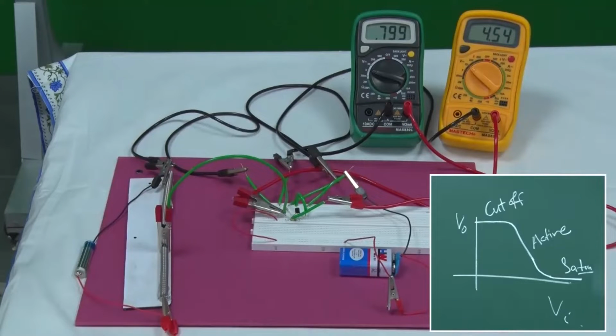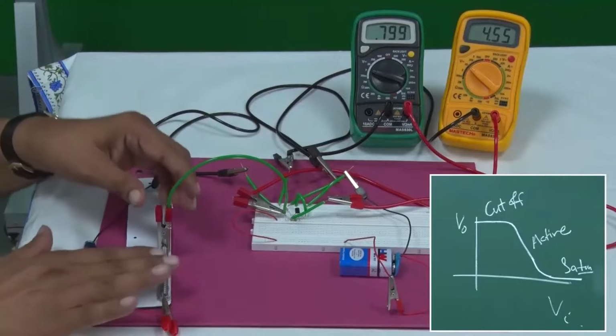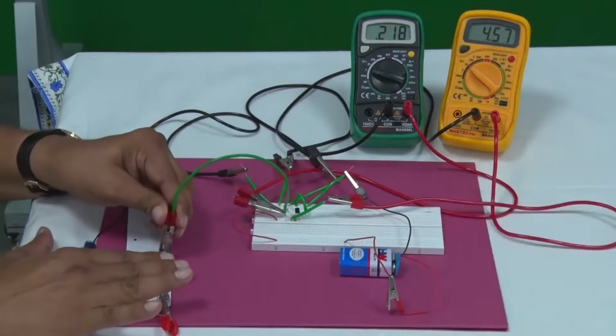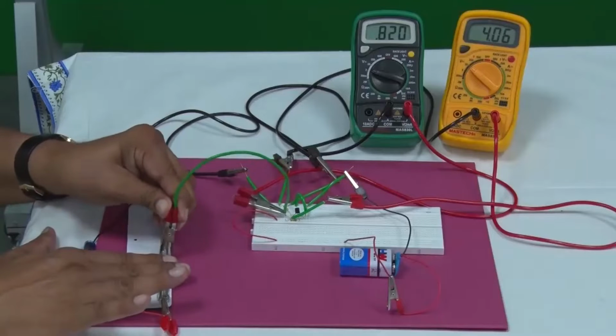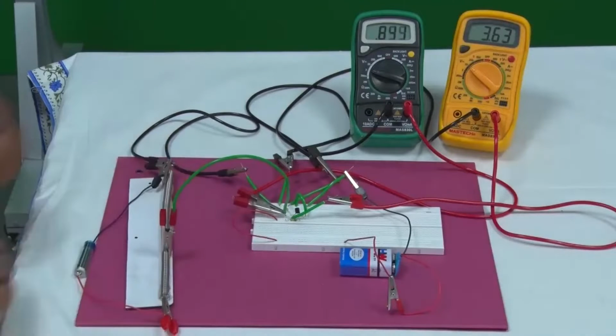Zero 0.799, 4.54. Input 0.821, output 4.07. Input 0.842, output 3.61.